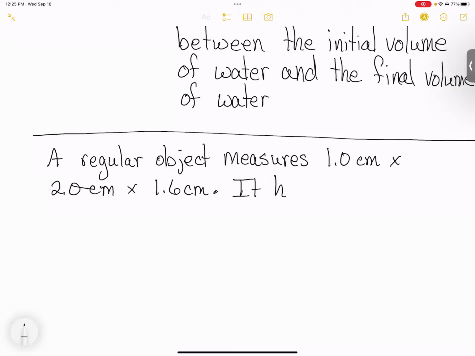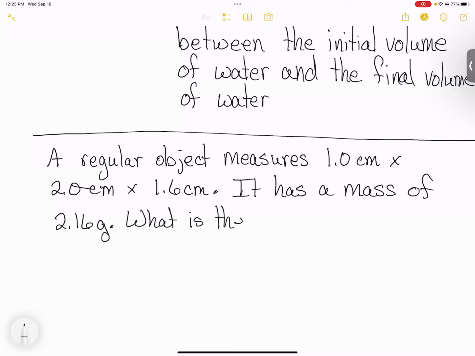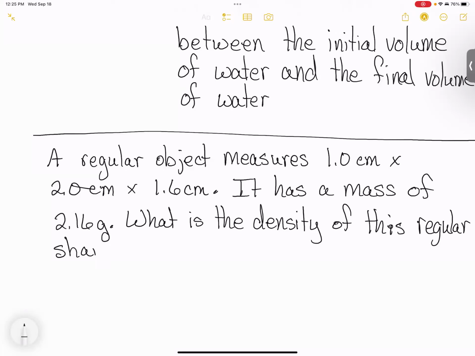It has a mass of 2.16 grams. What is the density of this regular shaped rectangle?